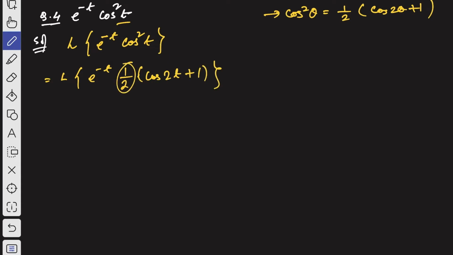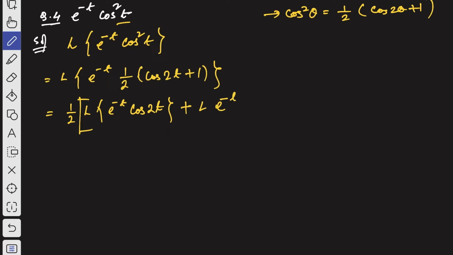So this half can be taken out as it is constant, so we can write half Laplace transformation of e to the power minus t cos 2t, then we can write plus Laplace transformation of e to the power minus t into 1, that is e to the power minus t.